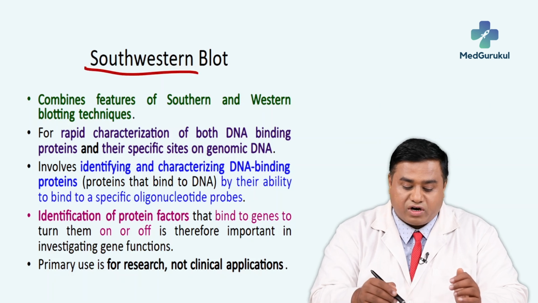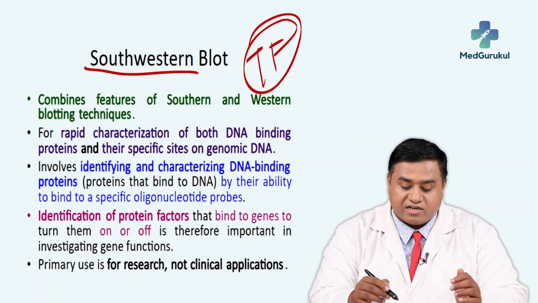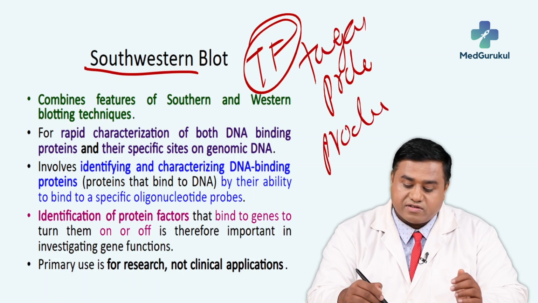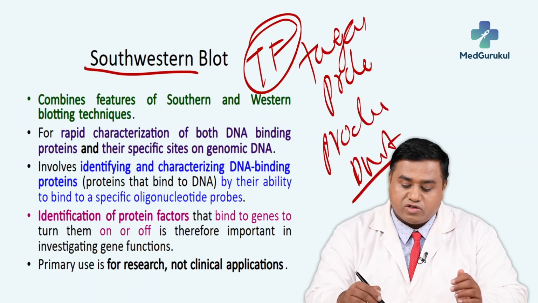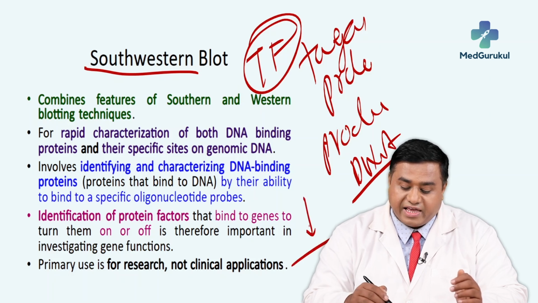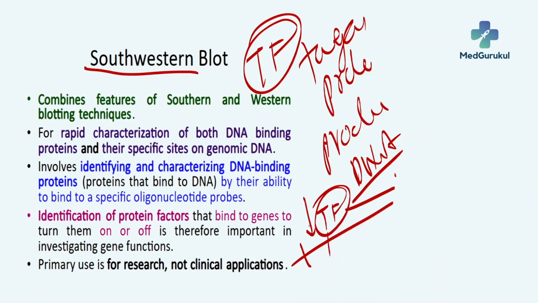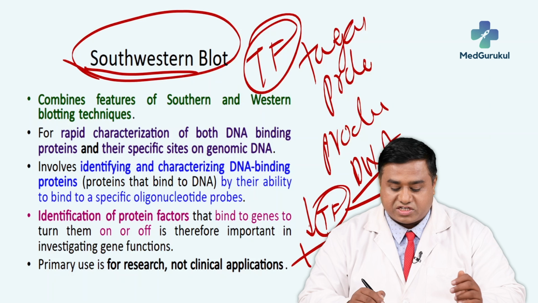Southwestern is specific for transcription factor, where the target is protein and the probe is DNA. So, the proteins which are binding the DNA fragments, that is transcription factors, are the target molecules for the study using Southwestern.